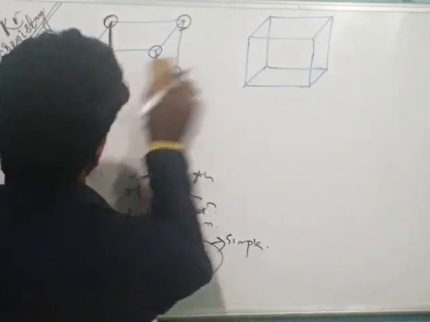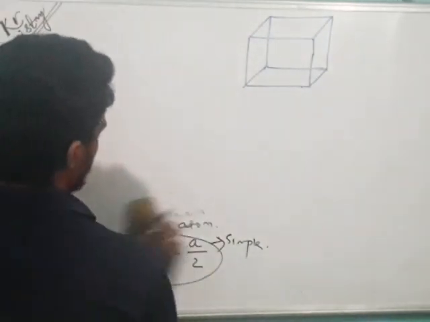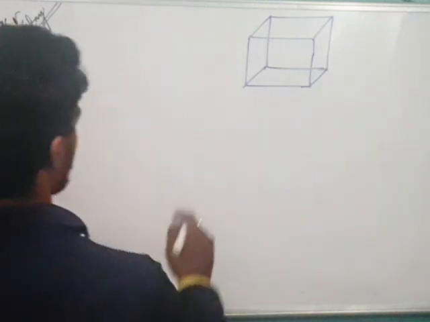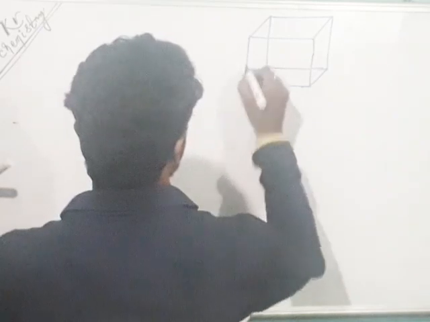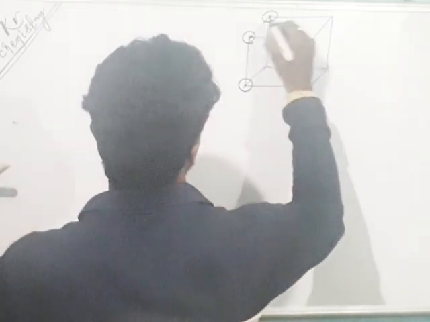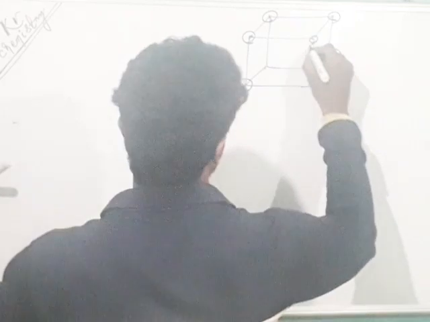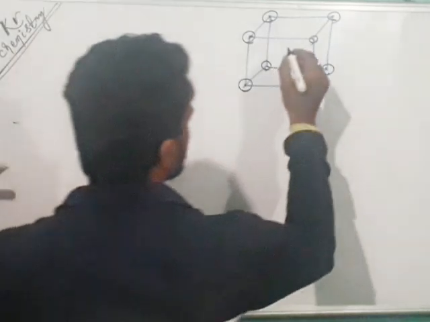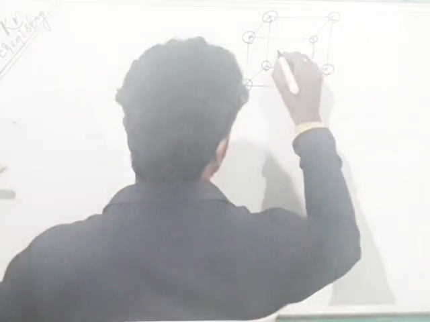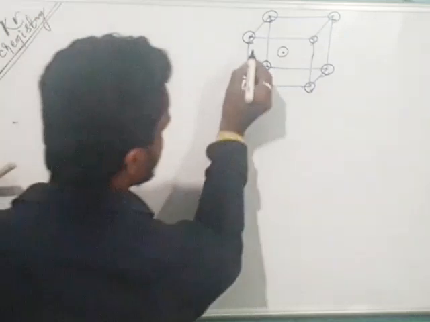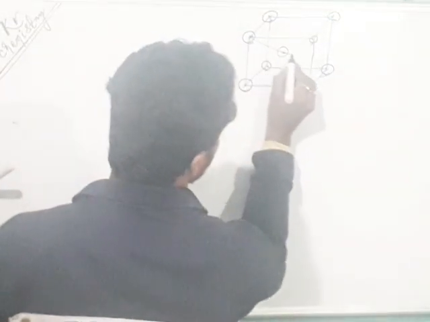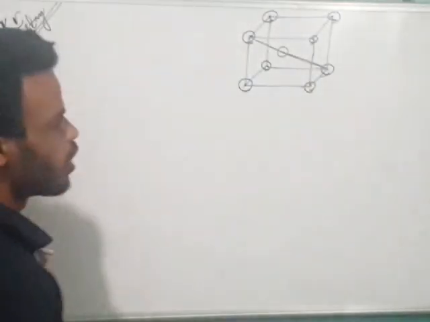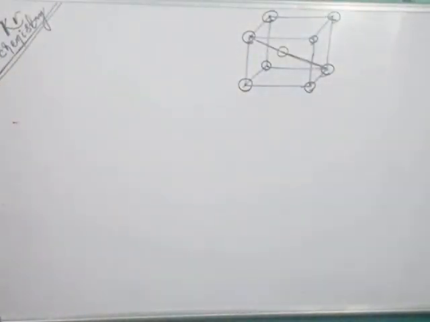Next, let's go to the body centered cubic crystal. Here also these are the corners of the cubic unit cell. Body centered means there is another atom at the center of the body. The distance between two neighbors is connected through the center of the body.